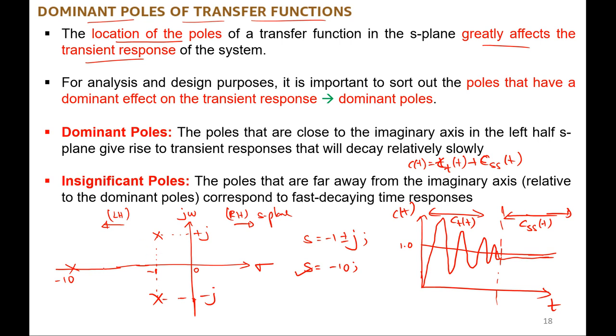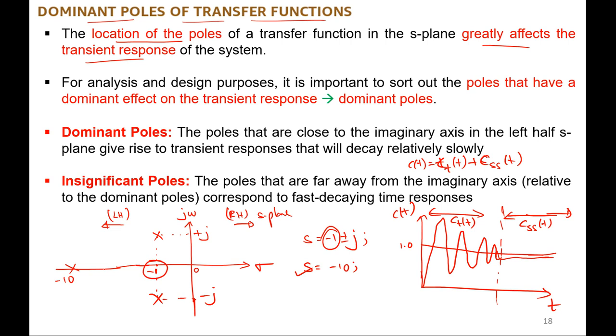So you can observe here these complex conjugate poles located at minus 1 plus or minus j are near to the imaginary axis. They are near to the imaginary axis j omega, right? But observe the real part. The real part of this complex conjugate pole is minus 1, right? This is minus 1 and it is near to the imaginary axis.